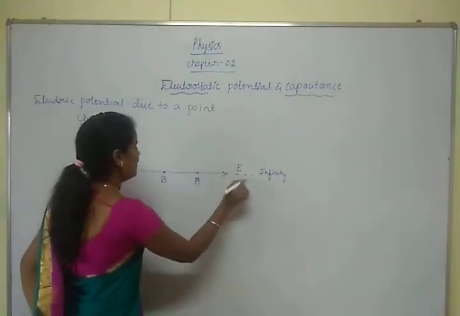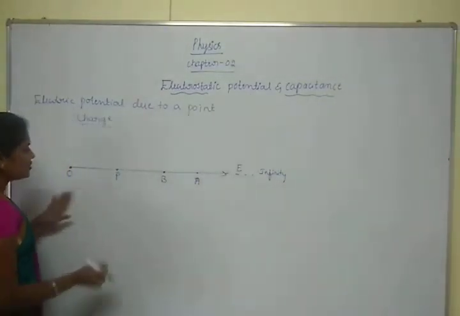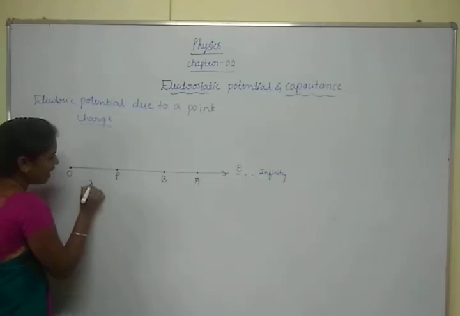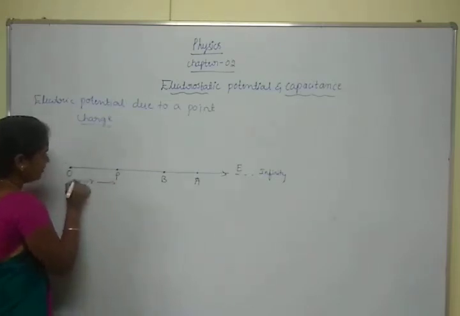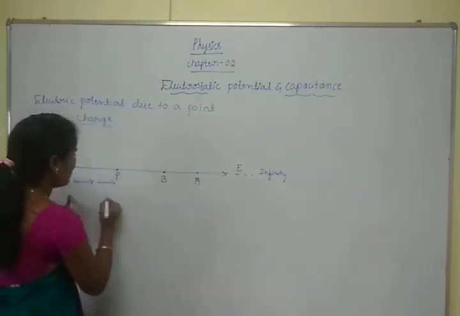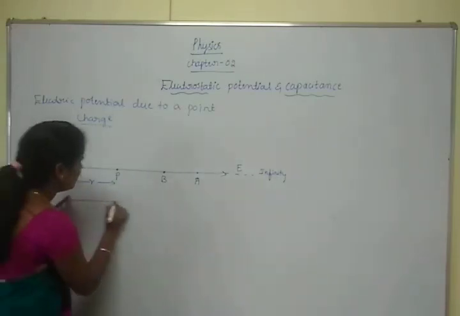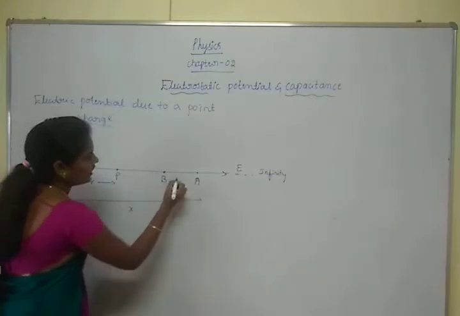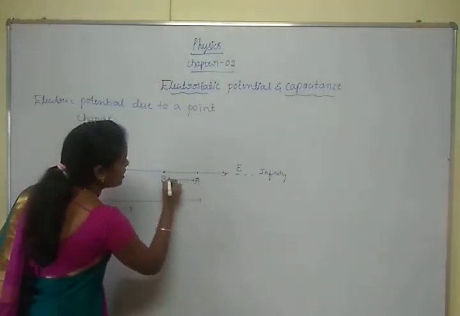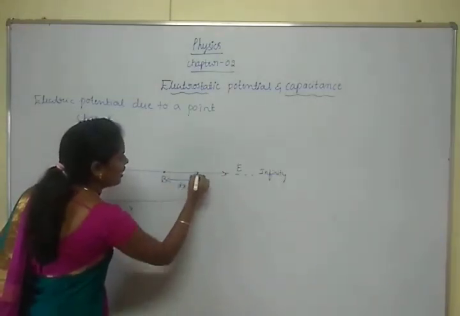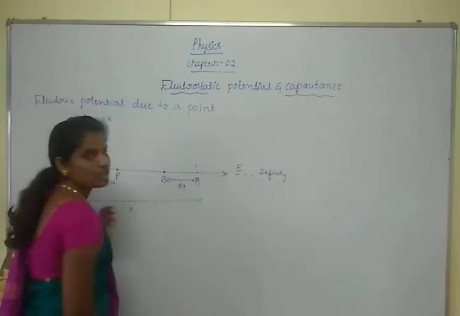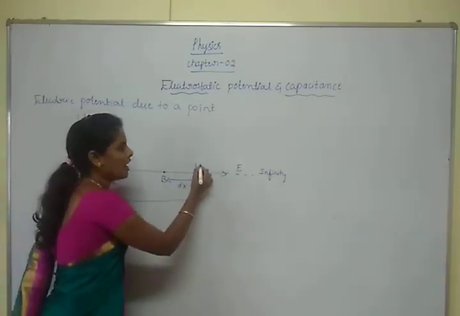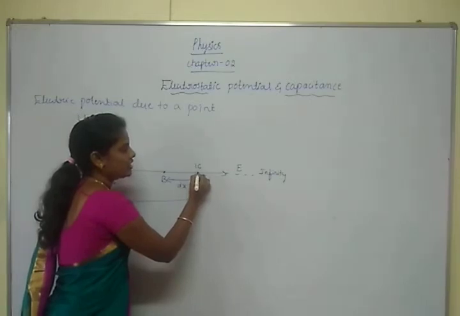The distance from O to P is called R, the distance from O to A is called x, and the distance from A to B is called dx. And I place a unit positive charge, plus 1 coulomb of charge, at point A.